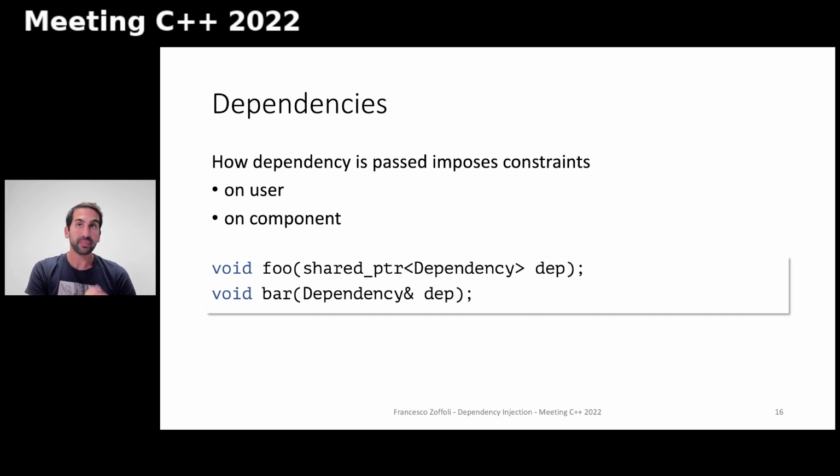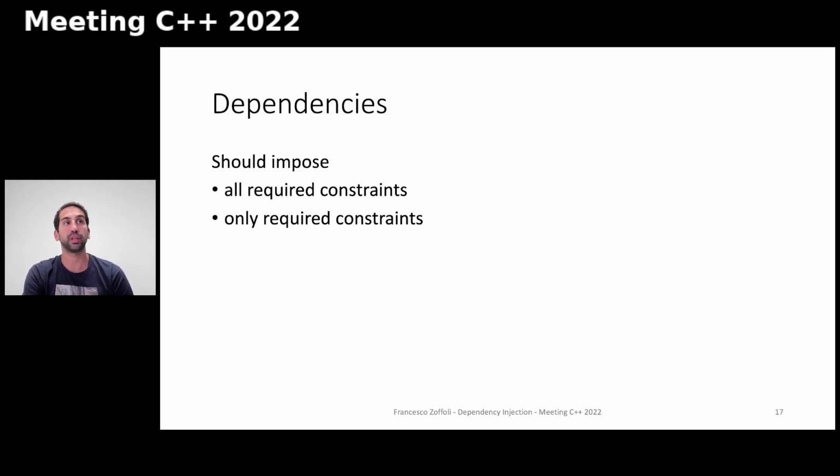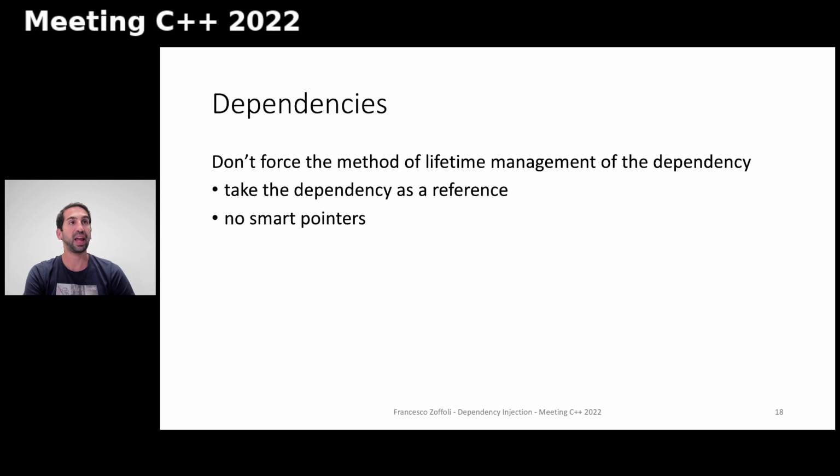And the thing to keep in mind when passing dependencies around is that you need to impose all of the required constraints for your implementation and only your required constraints. You don't want to over-constrain your function, because you're going to put a burden on the user without getting an advantage for it. And one of the things that we are going to see is the method for lifetime management of the dependency, where I'm going to show how taking the dependency as a reference can actually make the code simpler and give more options to the user compared to the typical approach of passing smart pointers.